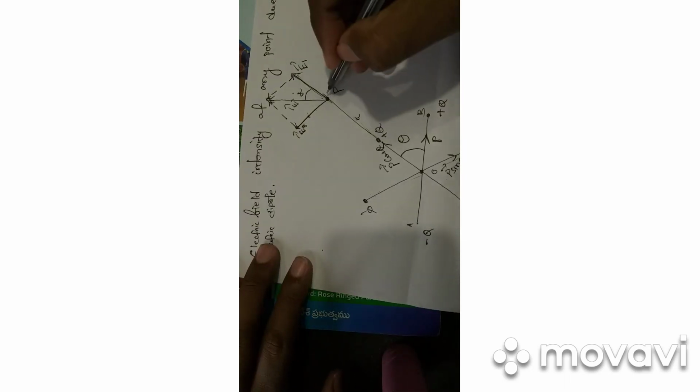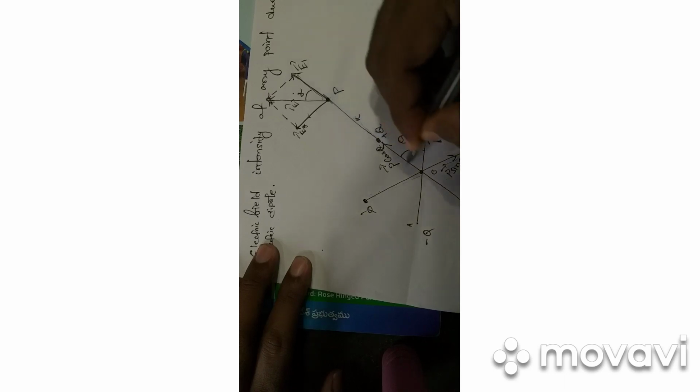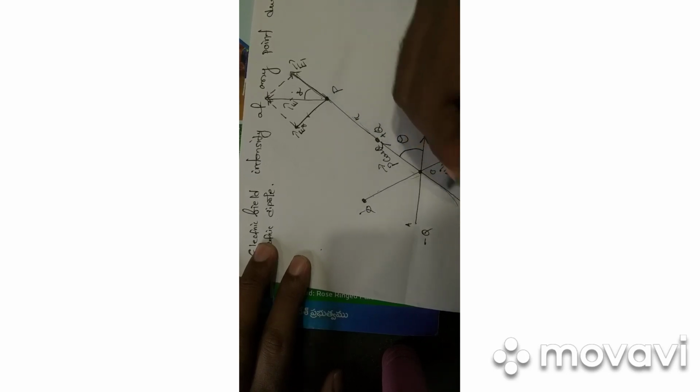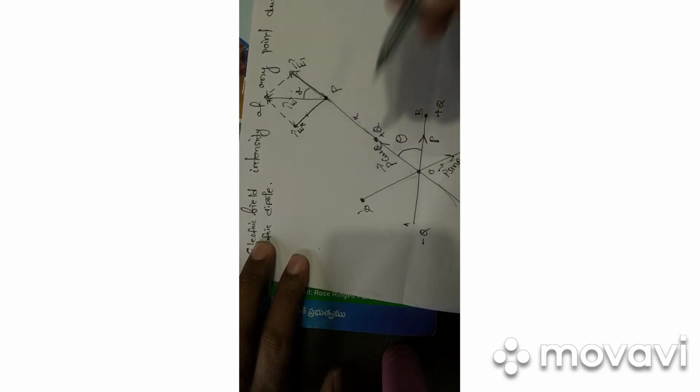Because here we write, so this is the axial line and this one is the dipole moment, horizontal dipole moment, which is represented by the resultant dipole.